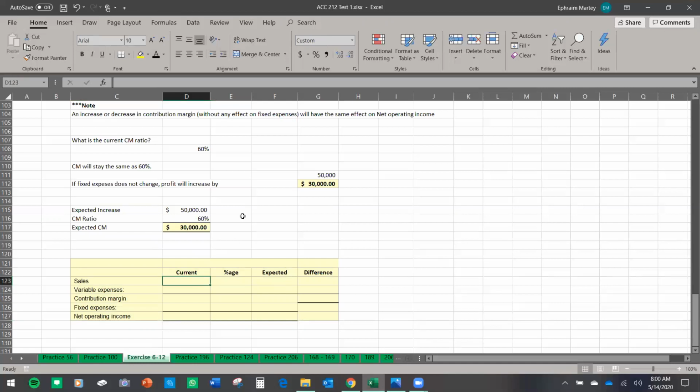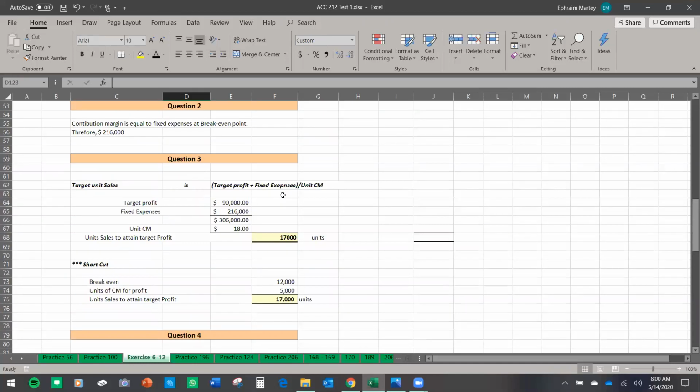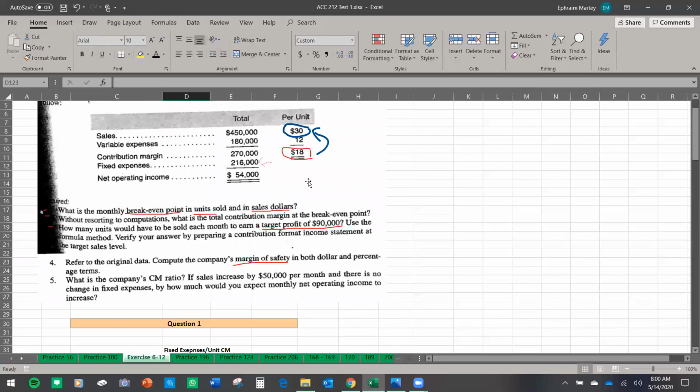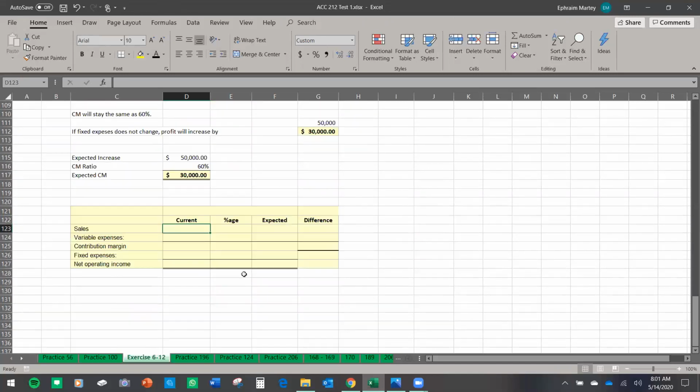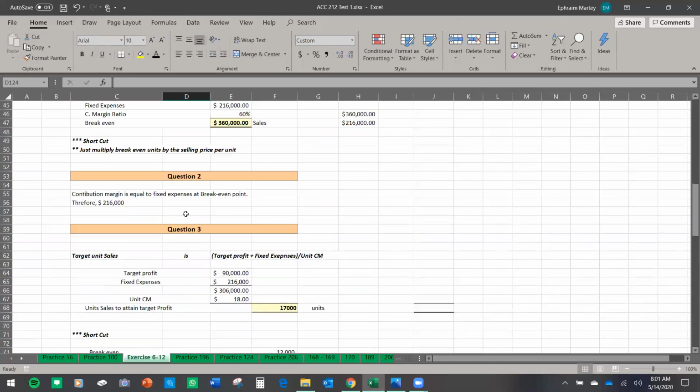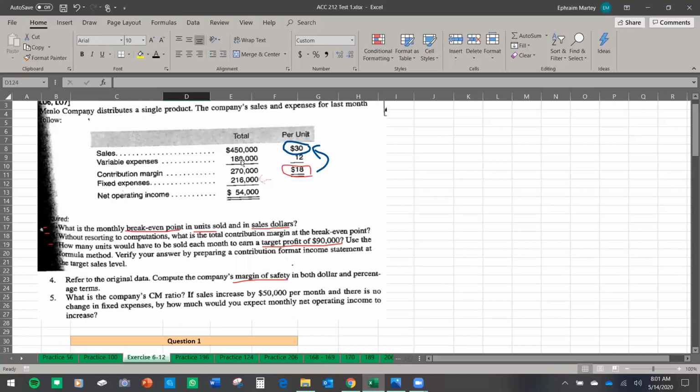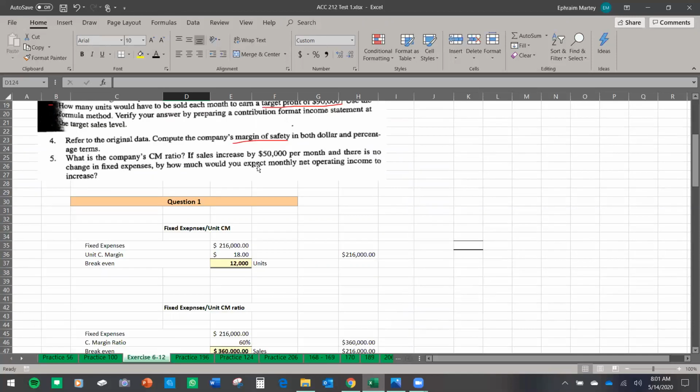So what is our current sales? Our current sales is 450,000. Okay, so let's take 450,000. What is our variable cost? We have our variable cost at 180,000.